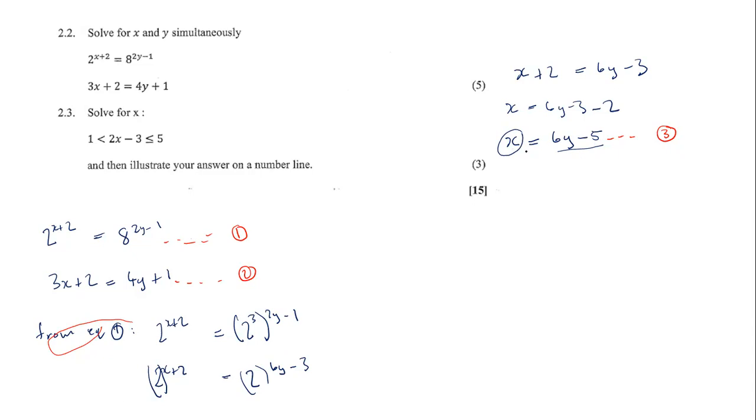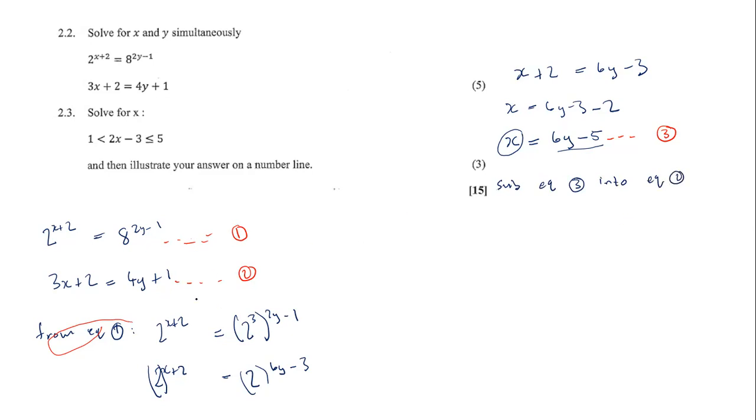Where I see x, I'm going to write 6y minus 5, because I'm saying x is equal to this. So I'm going to substitute x into equation number 2, which means we are going to substitute equation 3 into equation 2.